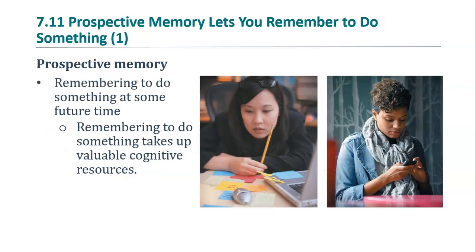Now, up to now, I've been talking about retrospective memory, things that happened in the past. But there's another kind of memory that's much more difficult called prospective memory. That's remembering to do something in the future. This is much more difficult because there's no memory encoded to retrieve.